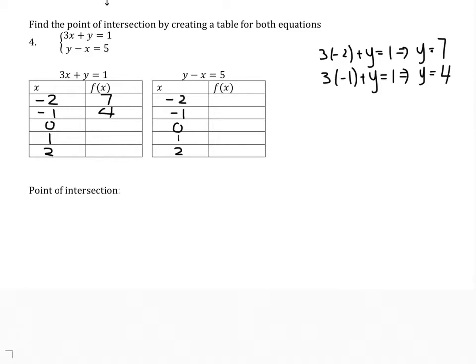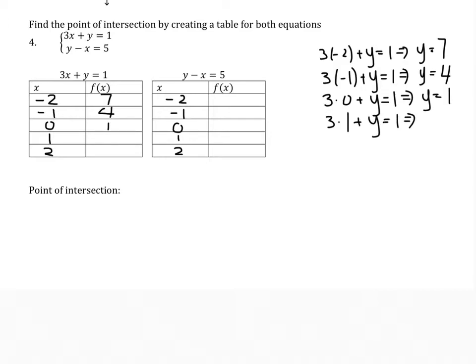Next one, I like the next one. Why? Because it's going to be our y-intercept point. 3 times 0 plus y equals 1. So my y is going to be 1. Next one, 3 times 1 plus y equals 1.